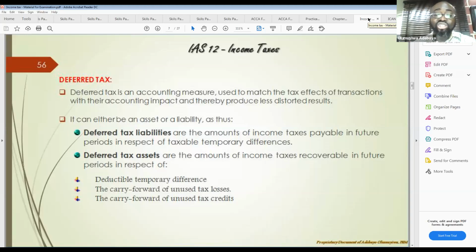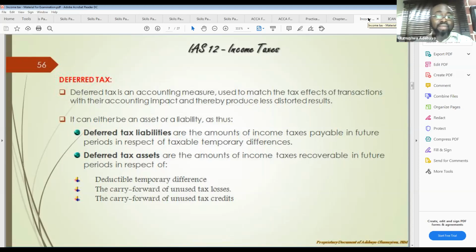Certain activities are done today, but the effect of the tax is not recognized today based on the requirement of tax laws. And certain transactions occur today, but their real effect is tomorrow. But for tax purposes, the effects are captured today.